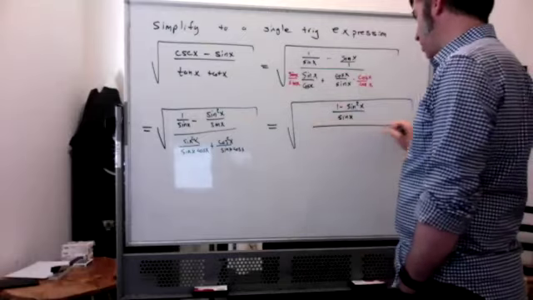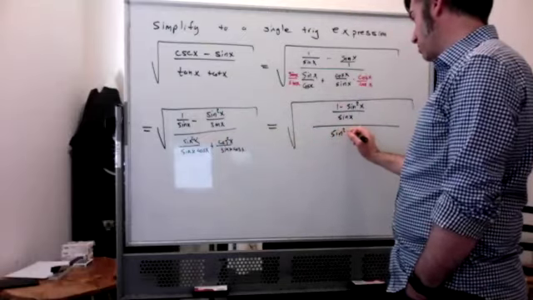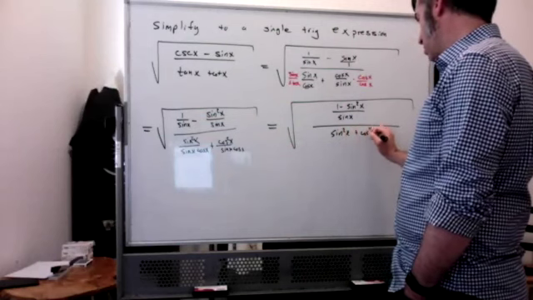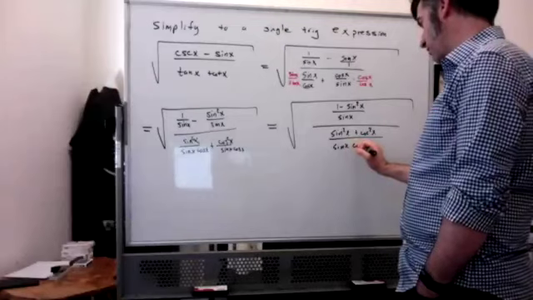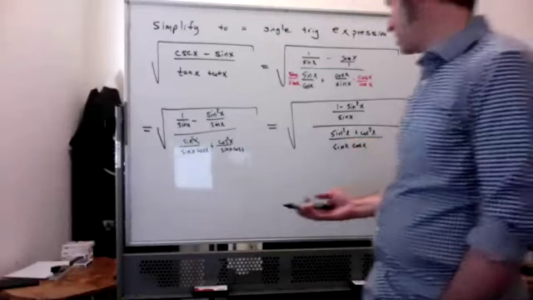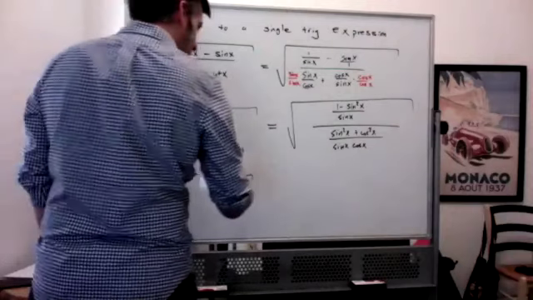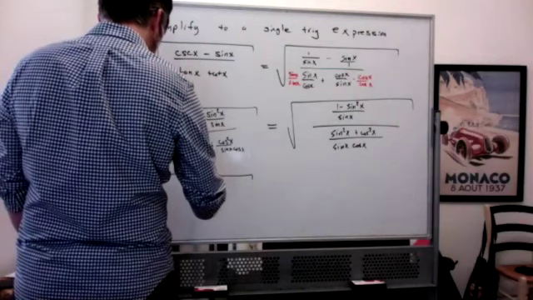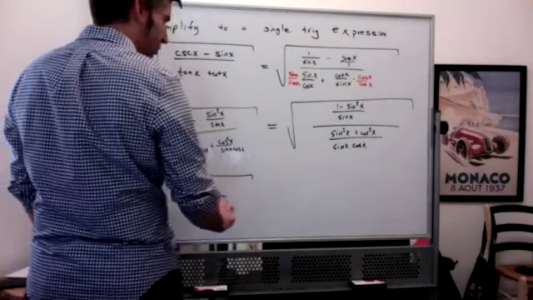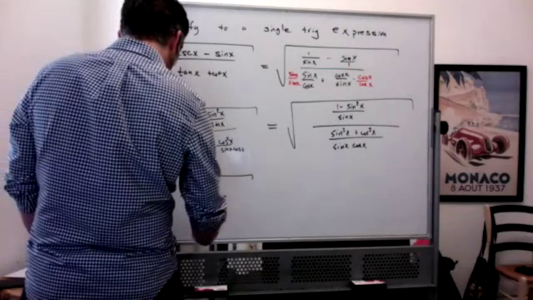And then in the bottom, we get sine squared plus cosine squared, which we know is 1, over sine x times cosine of x. So this reduces to cosine squared x over sine of x, over 1 over sine x times cosine x.